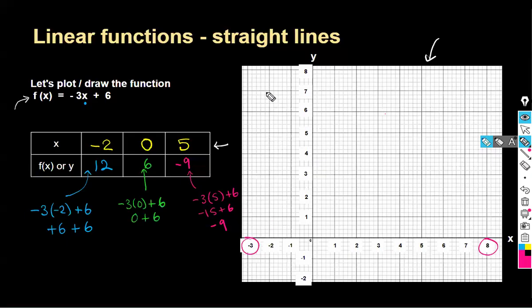But 12 cannot fit on the graph paper the examiner gave me. 12 is too large. You have a little problem there, right? My calculations are correct. It just cannot fit. What about the last point? 5, we can't even make it past -2. We have to go all the way down to -9.